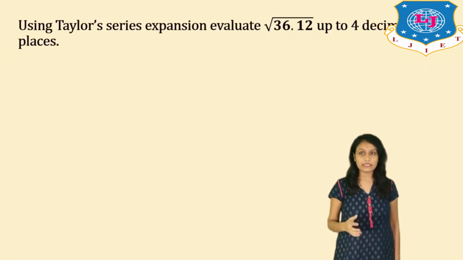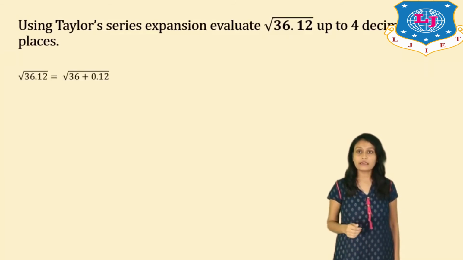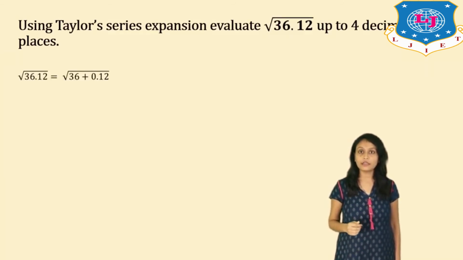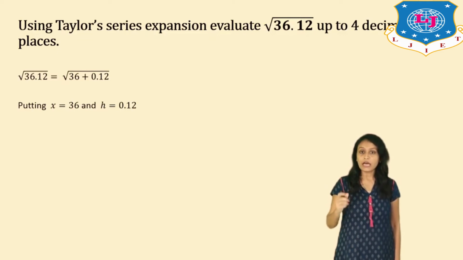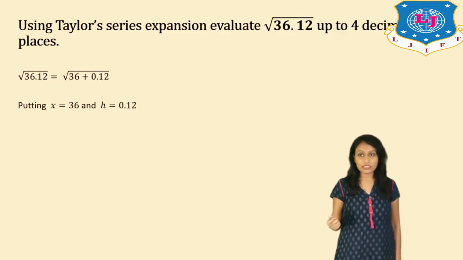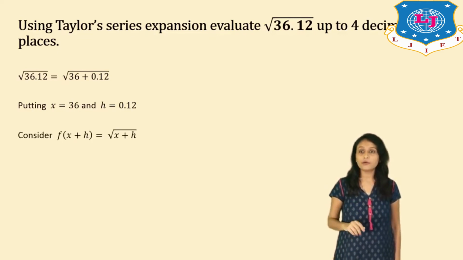Okay, the next example. Using Taylor series expansion, evaluate under root 36.12 up to 4 decimal places. So under root 36.12 equals, first we'll split it, that is under root of 36 plus 0.12. Now we will take x equal to 36 and h equal to 0.12.